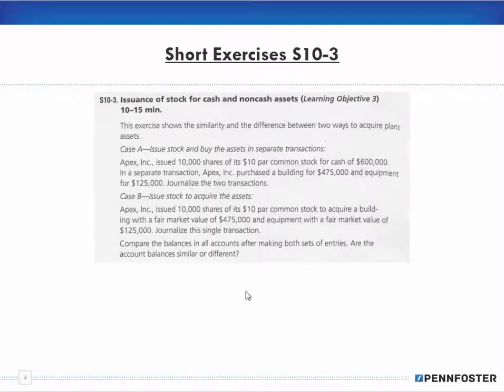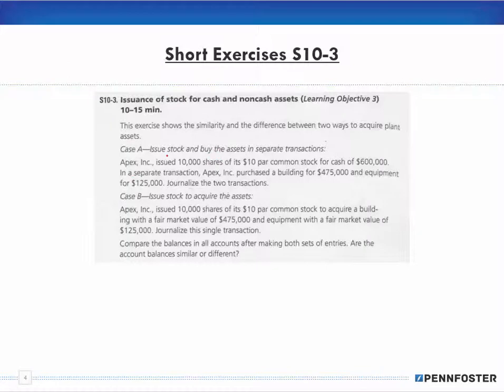Right, so 10-3, it says here the issuance of stock for cash and non-cash assets. This exercise shows the similarity and the difference between two ways to acquire plant assets. So we're acquiring assets.